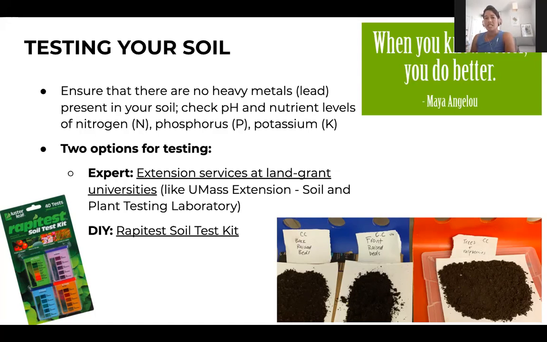One of those things is heavy metals. It's really important that we do a test, especially to see if we have any heavy metals like lead in our soil. Because if we do, we obviously don't want to be growing food and eating it and giving it to students if it's also absorbing lead. There are two different kinds of soil tests you can do.